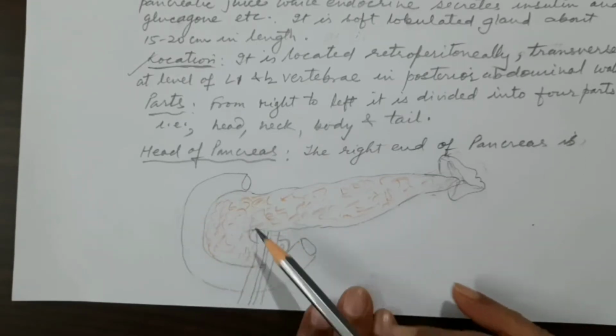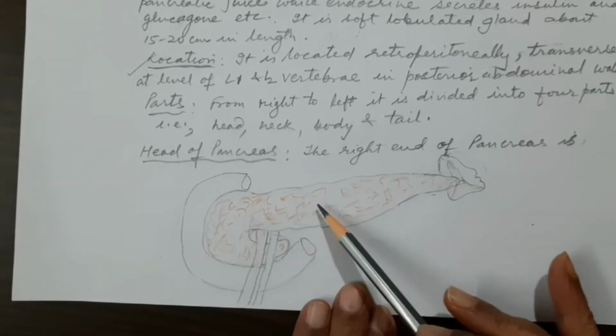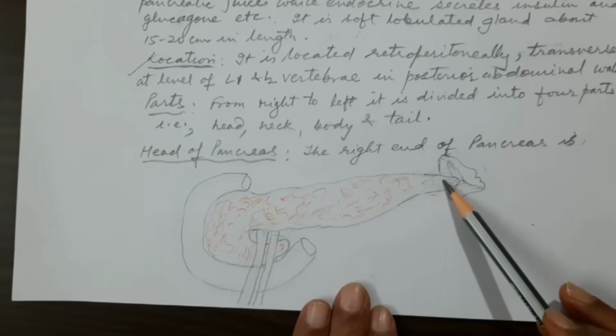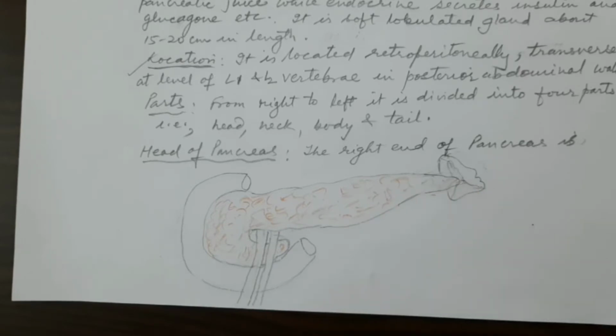So this is the duodenum. In the concavity of the duodenum, this is the head of the pancreas, neck of the pancreas, body of the pancreas, and this is the tail of the pancreas, which is close to the visceral surface of the spleen. So it has many parts: head, neck, body, and tail.